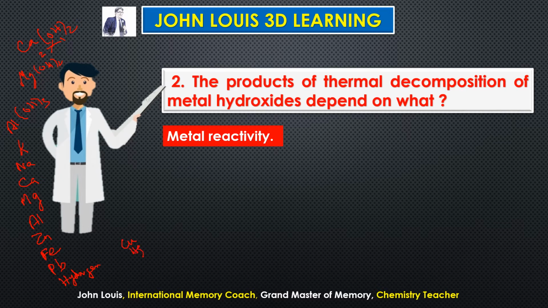Then copper, mercury, silver, gold, and platinum. So this is the metal reactivity series. Potassium is the highest and sodium is the second highest. These are highly reactive metals, and those above hydrogen and below potassium and sodium are medium reactive metals, and below hydrogen are low reactivity metals.